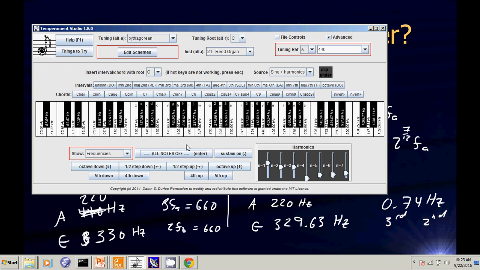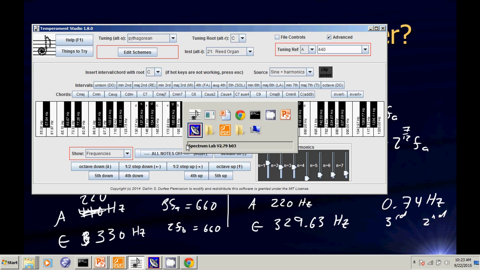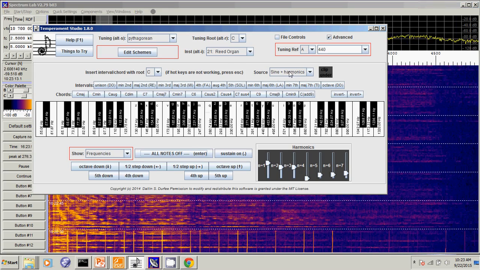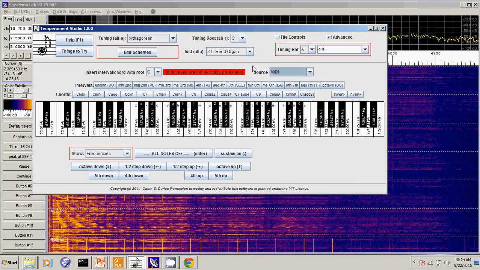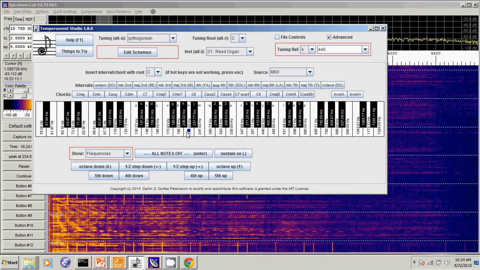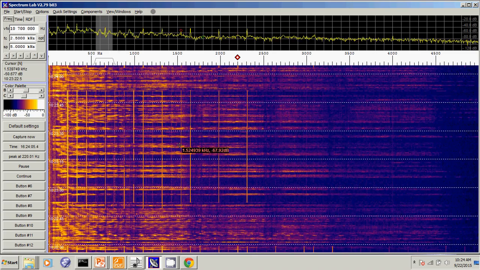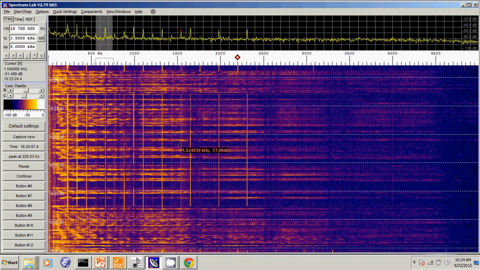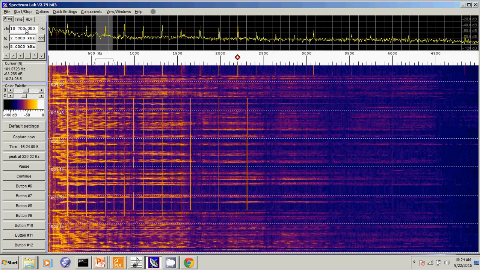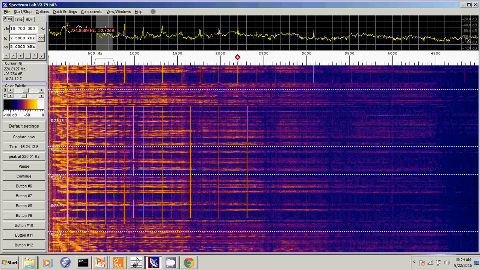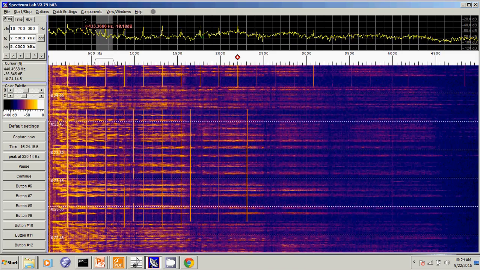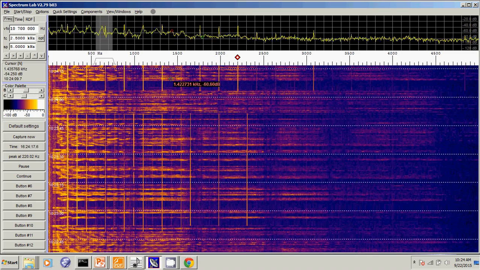Okay, now I'm going to go to Spectrum Lab. Let's go back to our MIDI tuning so you don't feel like I'm cheating by making my own notes. I'm going to play my A at 220. What you see on Spectrum Lab is I get a peak at 220-ish here. I get one at 440 and so forth.